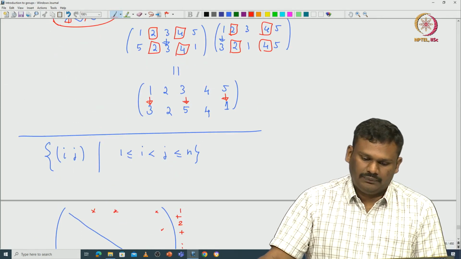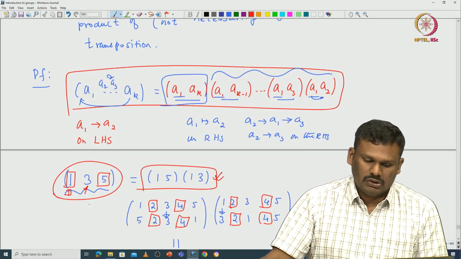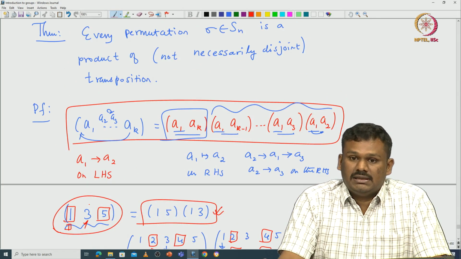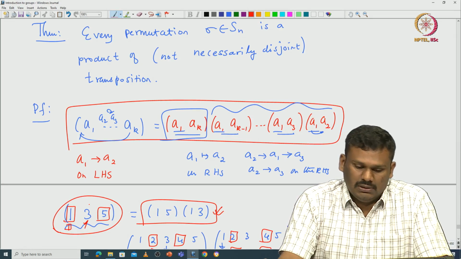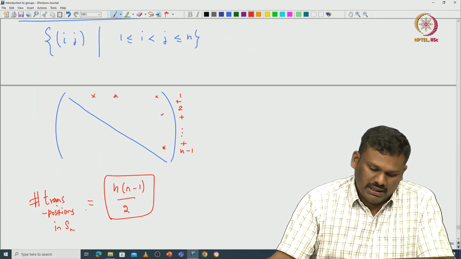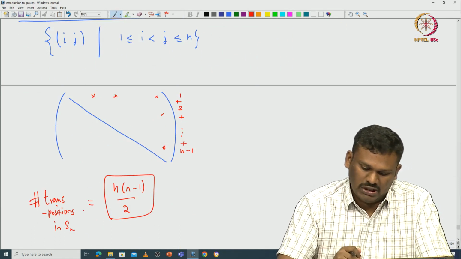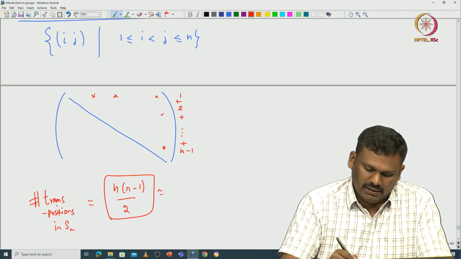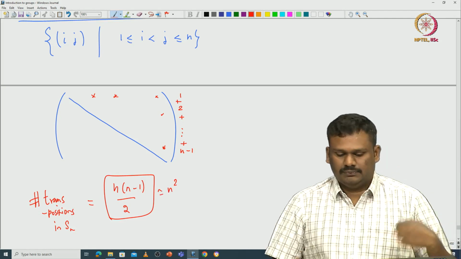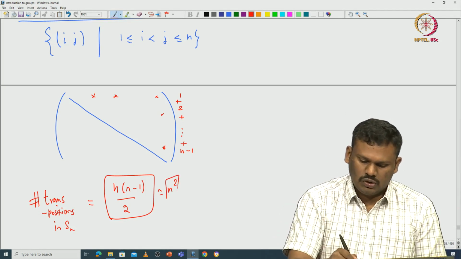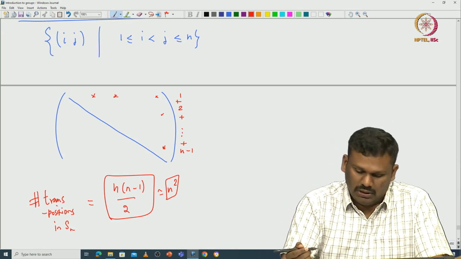Now, what this theorem says is that, as a group, Sn is generated by transpositions. And if you look at how many transpositions there are, it is almost like n square. That is exactly n square amount of transpositions, which seems to be really a lot for the group Sn.